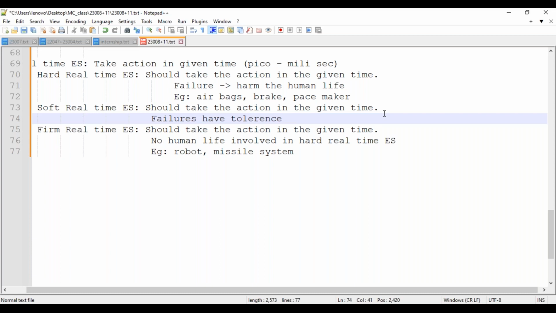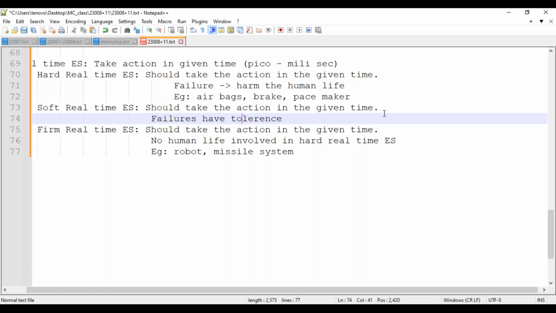When it comes to the soft real-time embedded system, one good example is your ATM machine. If your ATM machine is not working fine, obviously it is meant to take the action in the given time. But if it is not taking the action in the given time, you still have a chance to restart the operation all over again.